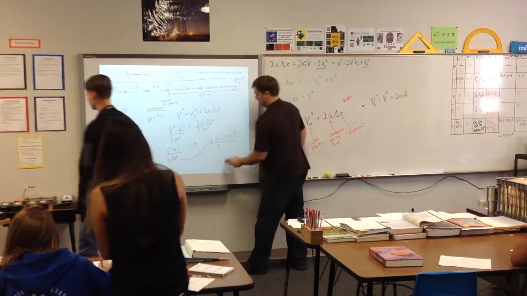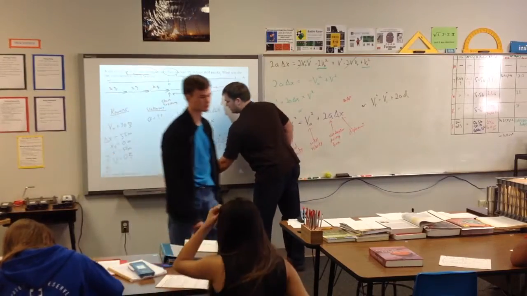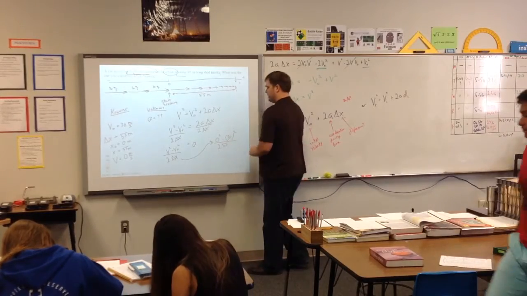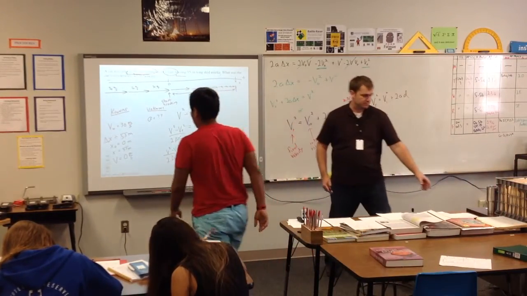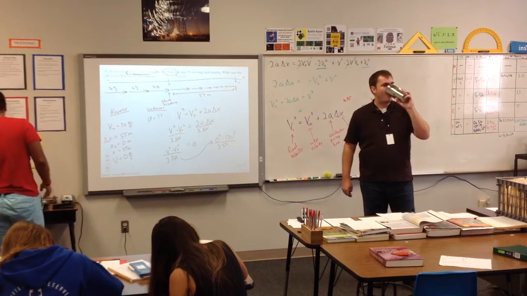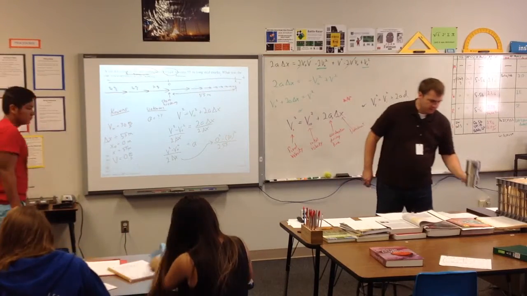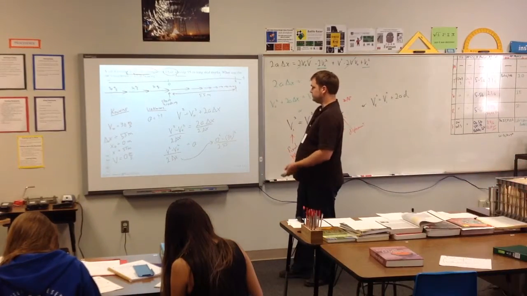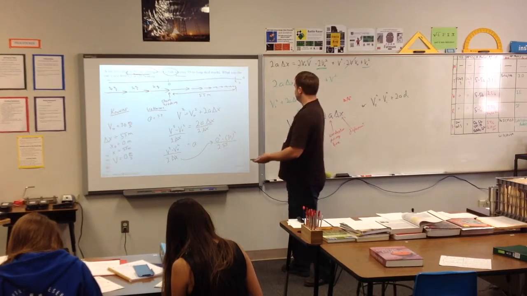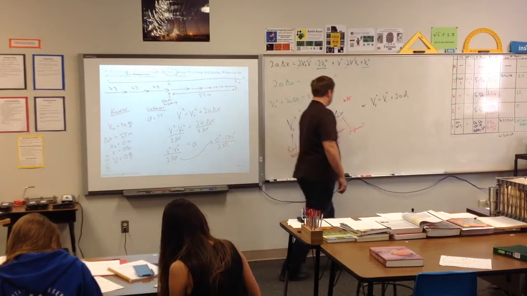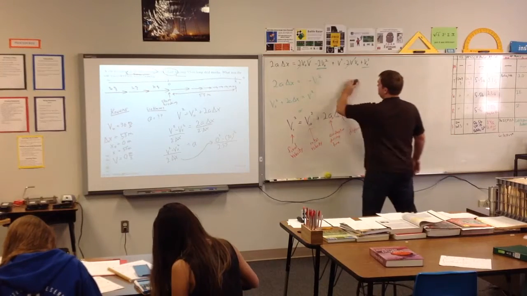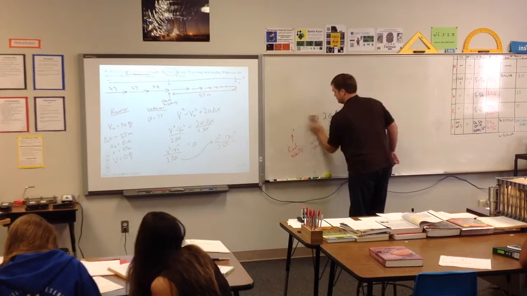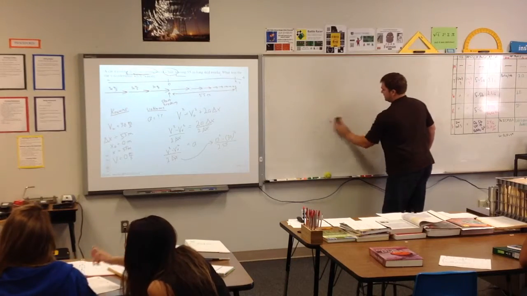Not 55 squared. 30 squared all over 2 times 55. When somebody gets an answer, let me know.